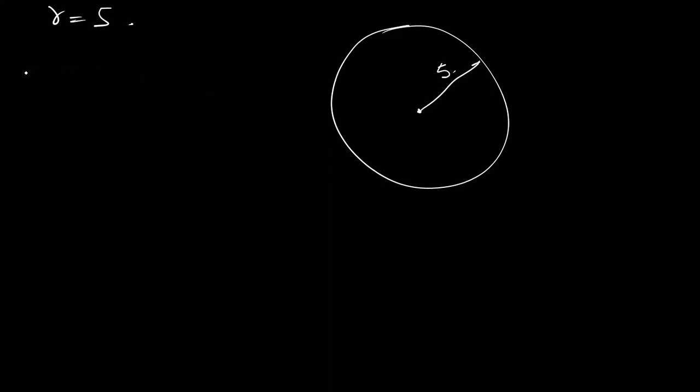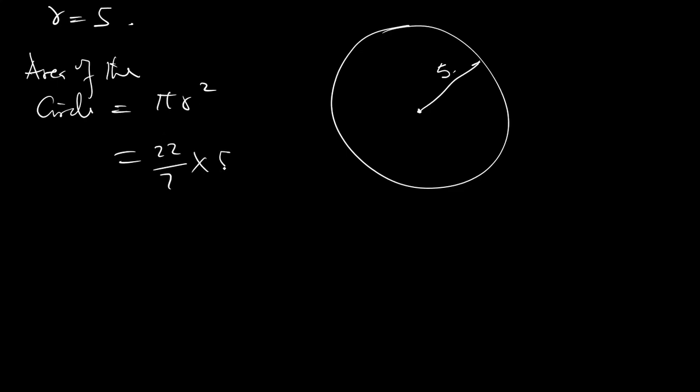So that means the area of the circle is equal to πr squared, which is equal to 22 all over 7 times 5 squared. So this will give us 22 times 25 divided by 7. So this is the final answer to this particular problem.